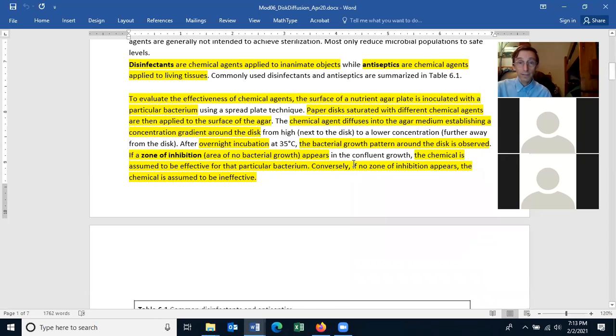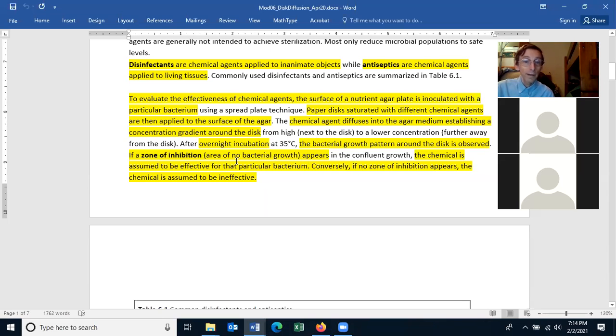To evaluate the effectiveness of a chemical agent, the surface of a nutrient agar plate is inoculated with a particular bacterium. Paper discs saturated with different chemical agents are then applied to the surface of the agar. The chemical agent diffuses into the agar, establishing a concentration gradient around the disc. You then incubate the plate, generally overnight, and the bacteria will grow on the plate, and there will be a growth pattern around the disc that's observed.